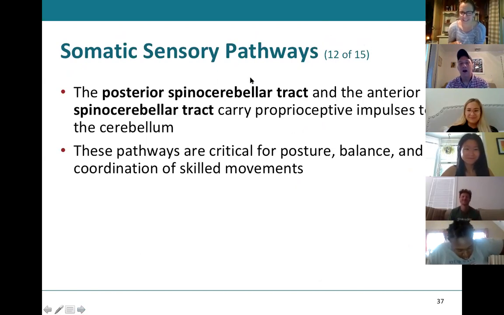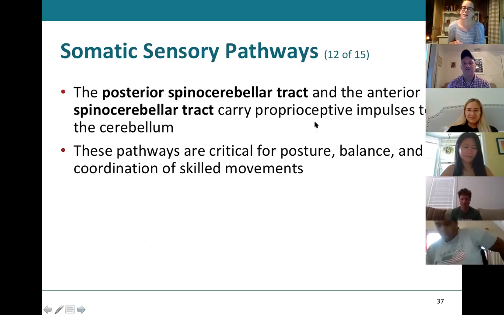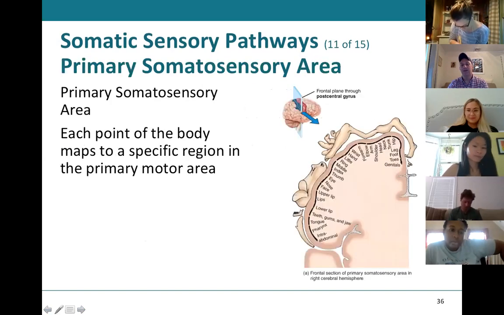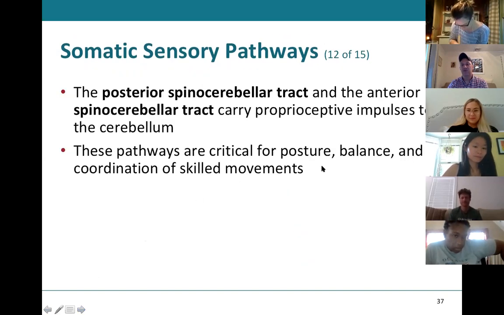Now, there are other pathways that are responsible for things such as posture, balance, and coordination of skilled movements. In fact, your take-home quiz this week is going to ask you to distinguish between these generalized pathways here versus these pathways here. Because even though you may not be thinking about it, think about how many times you changed the shape of your spine during this lecture.